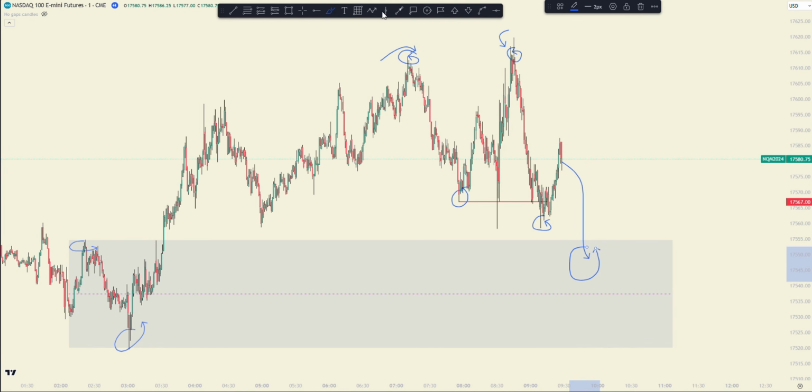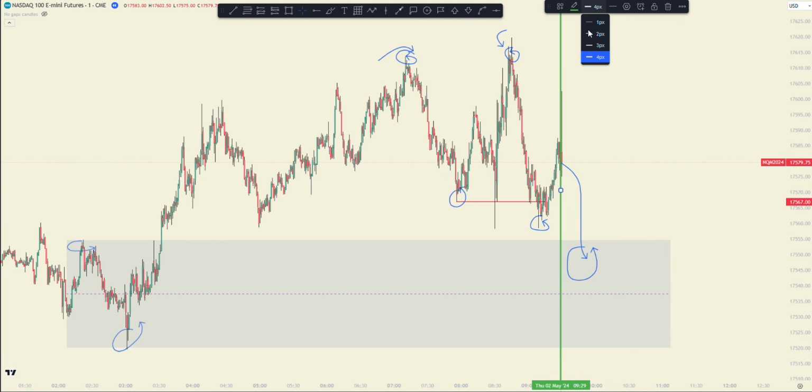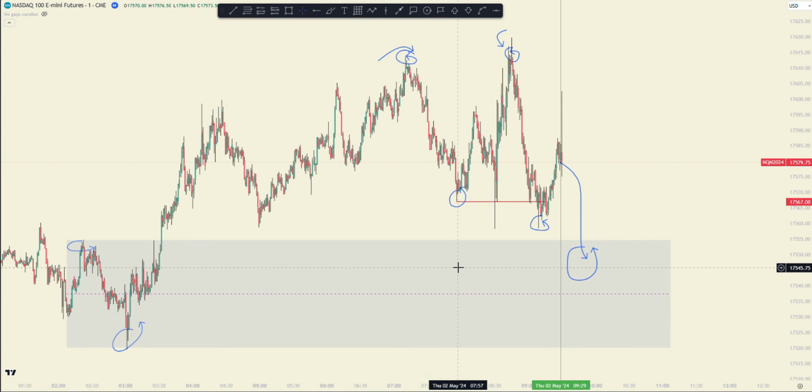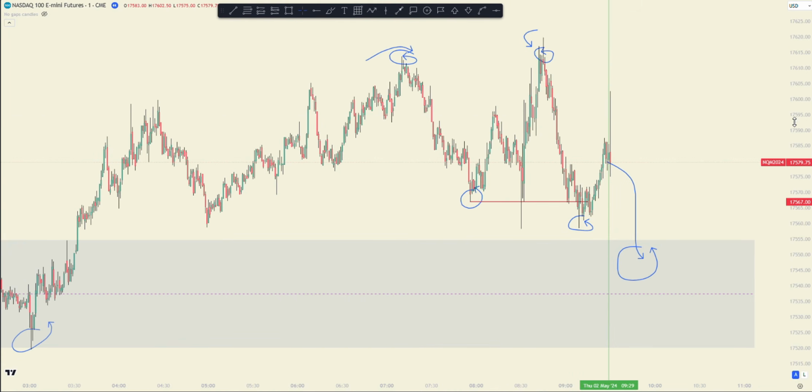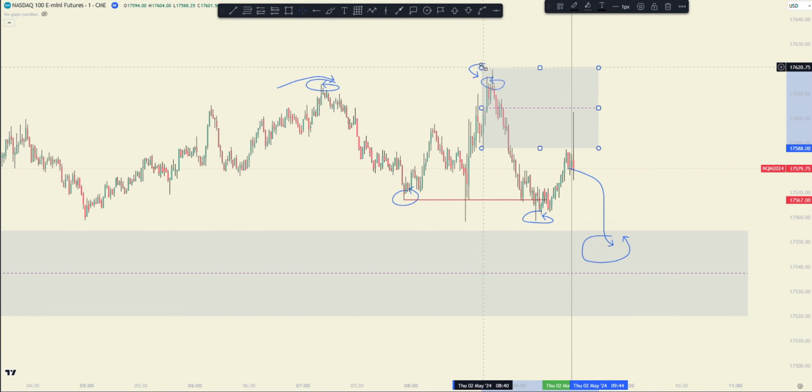Let's go ahead and mark these out here. That's our open coming up right here. Make that a little skinnier, it's kind of hard to see. You can see that the market shifts up into our origin here. I believe it hits just about 50%.